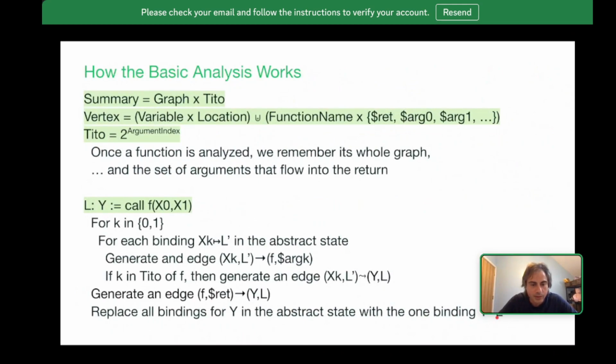Another question is, how do you merge the graph edges? What we do for graph edges is literally we take the union. We just collect all of them. In the implementation, the representation of this graph is a list of edges, and we collect all those edges in a big list.